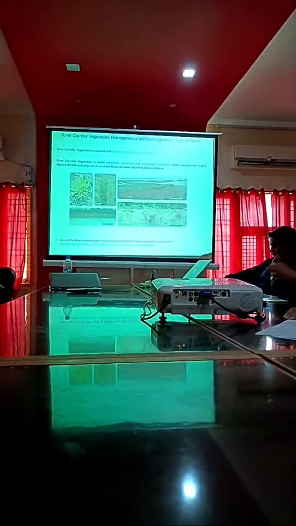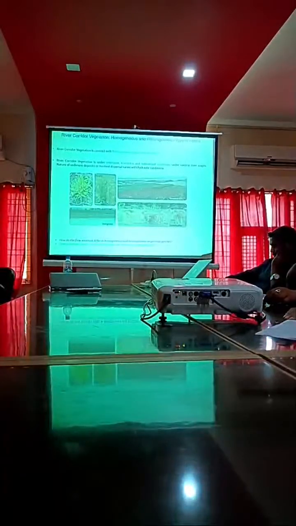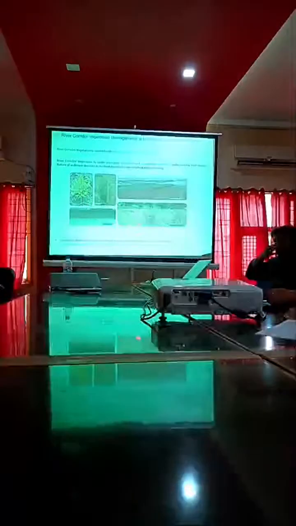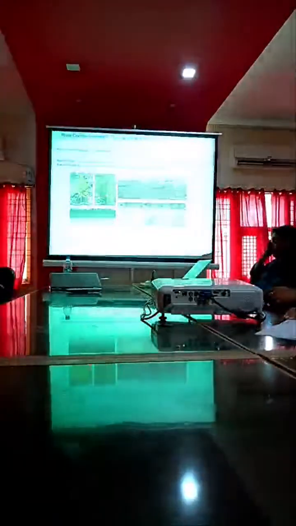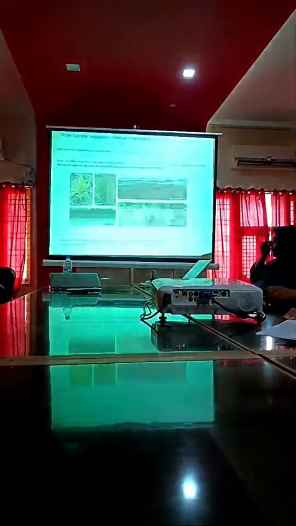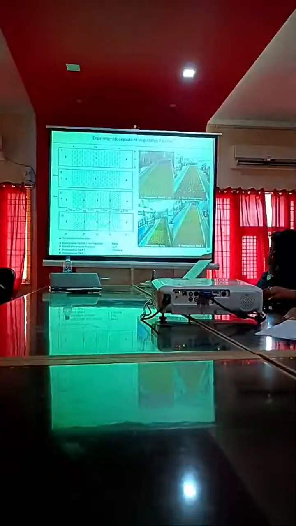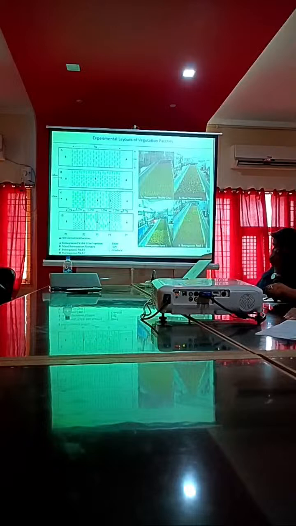So what we have seen is that there are many vegetation patches present along the Brahmaputra. We want to understand how these patches of vegetation cover influence the morphology of the river and the hydraulic structures of the river. So we have planted vegetation along our experimental channel.